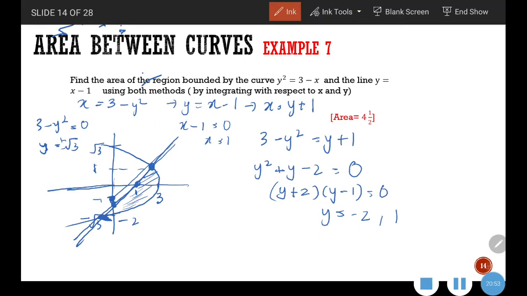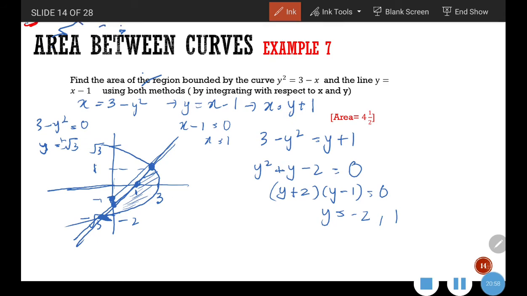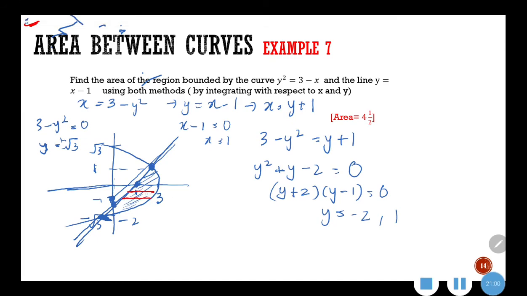So now what do you think? Which one is easier? What I see is that it's easier if we consider first integration with respect to y. With respect to y, the width here is going to be integration dy of x2 minus x1, where y is from the intersection point negative 2 up to 1.